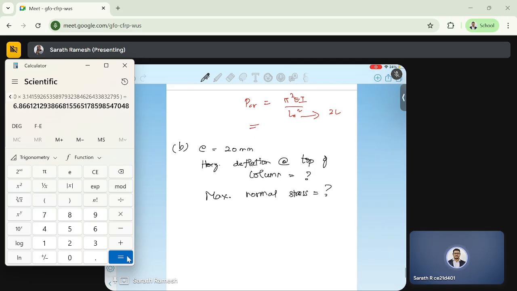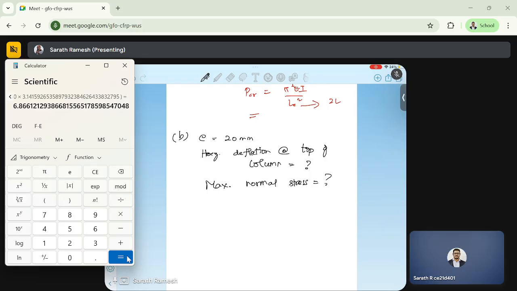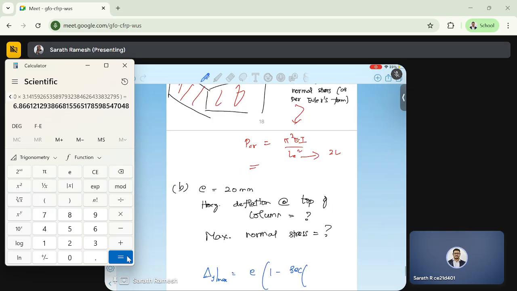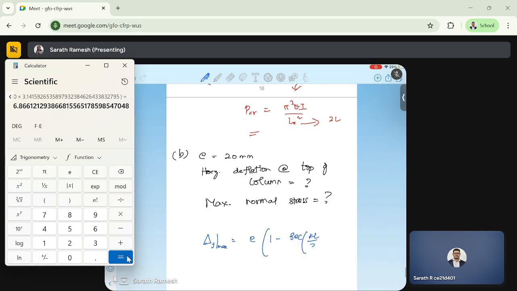So as usual, we can apply this formula: delta y max equal to e into 1 minus secant of, what is the formula, secant KL by 2, right?